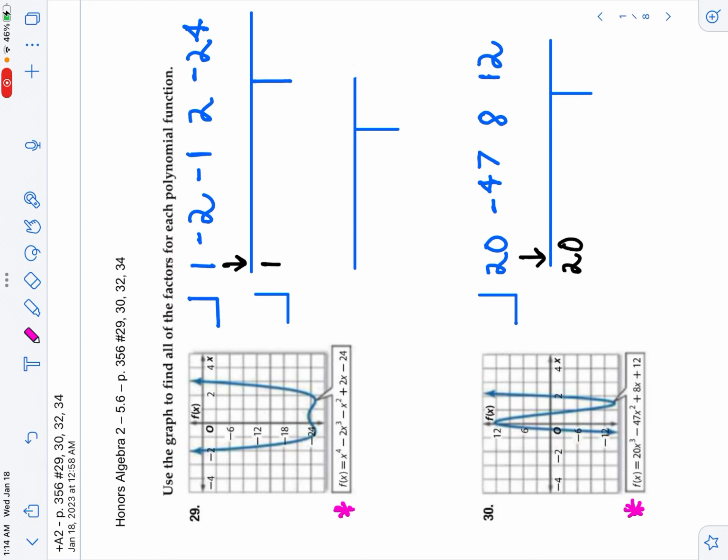In addition, when you look at the graph, you can see where the graph crosses the x-axis. And that would be -2 and +3 in number 29. And then in 30, it crosses between 0 and -1, between 0 and +1, and then +2.